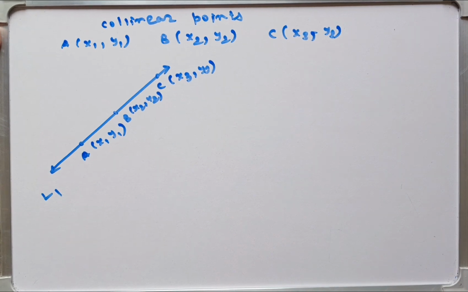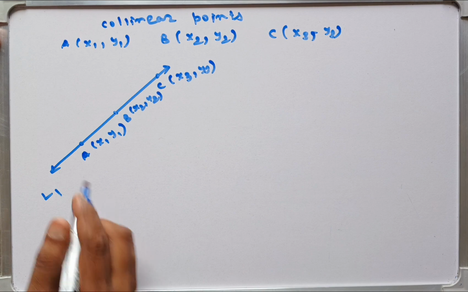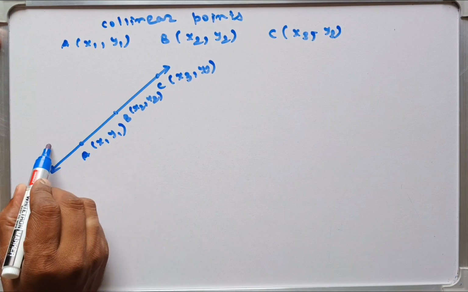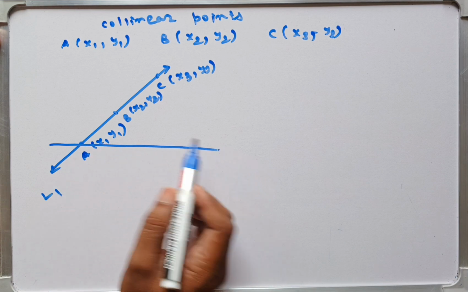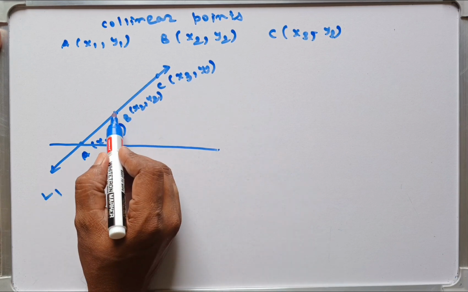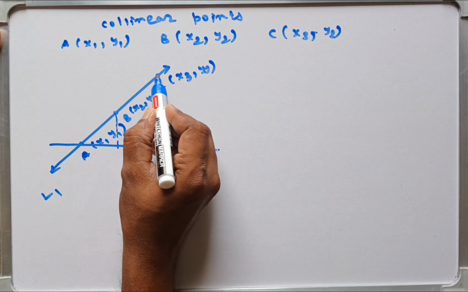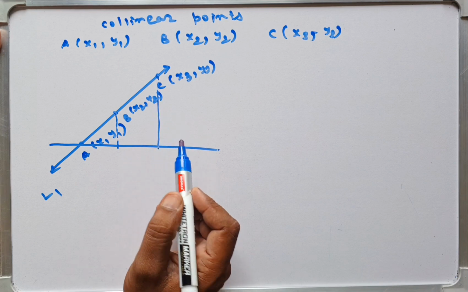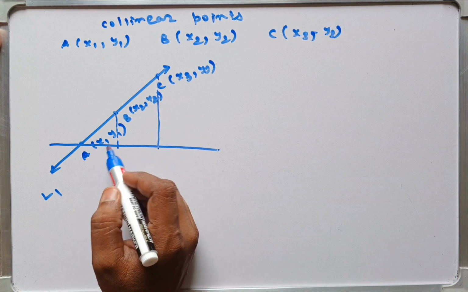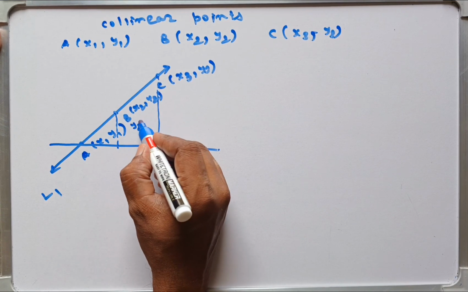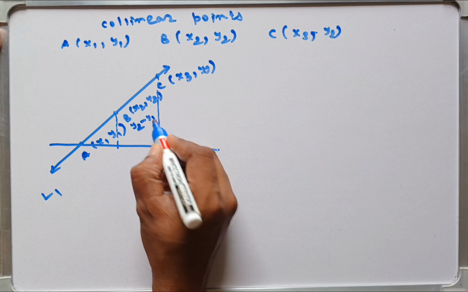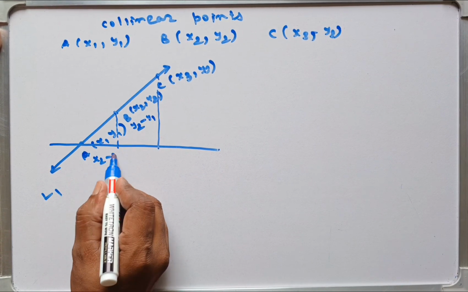But how could you check in math whether these points are lying on a straight line or not? Here you can see, if we take a horizontal line and also draw a vertical line, the vertical distance of A and B is y2 minus y1, and the horizontal distance is x2 minus x1.